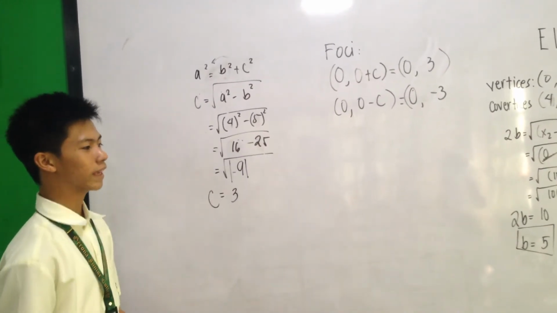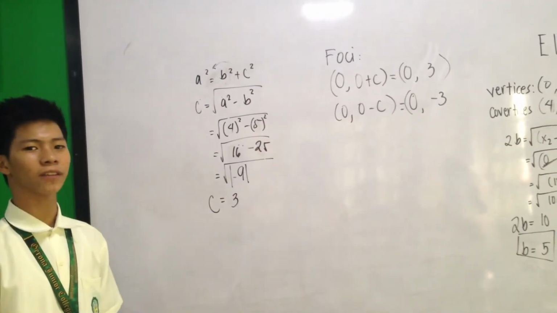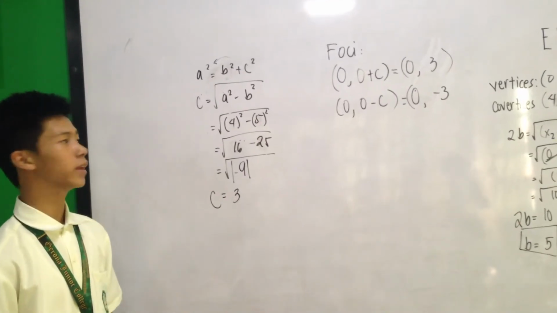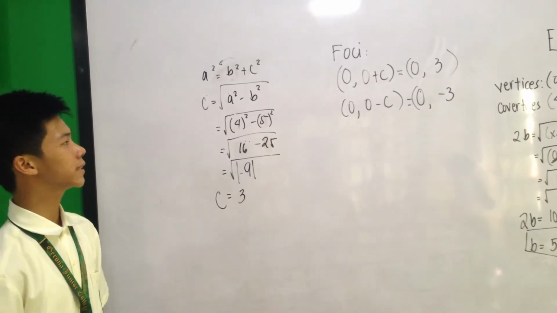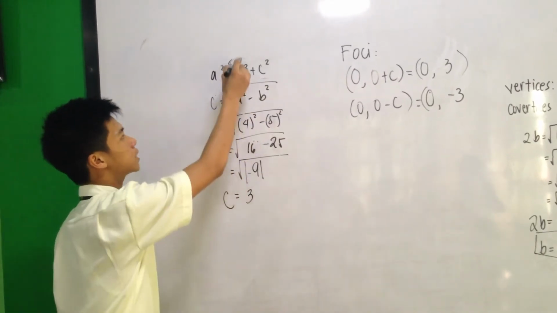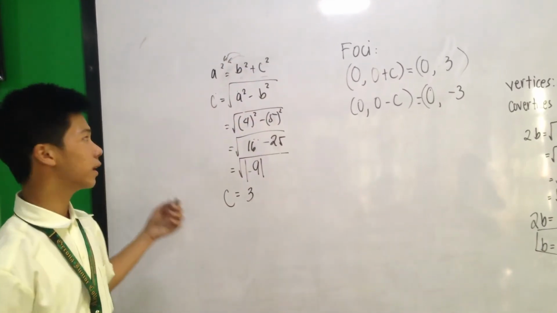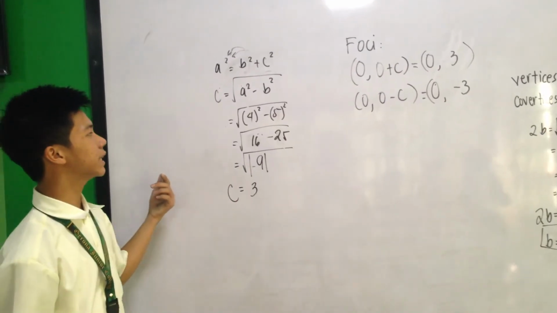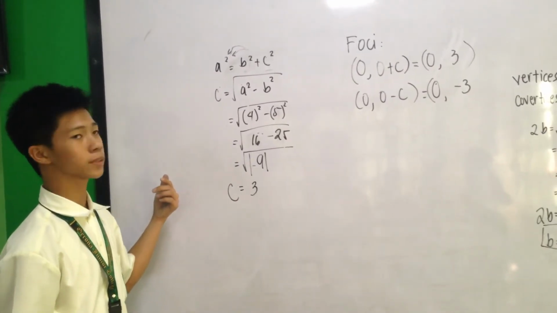Since we're done solving the values of a and b, we will now get the value of c. And we will use the formula a squared is equal to b squared plus c squared. Since we're looking for the c, we will rearrange, so now our formula will be c is equal to the square root of a squared minus b squared.